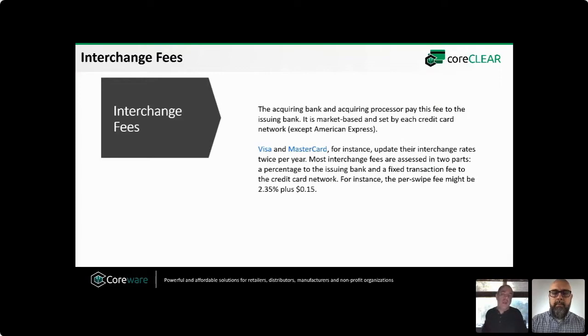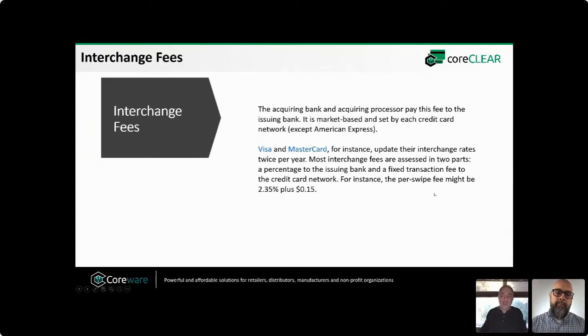Typically, when you look at an interchange rate, there are two elements to that rate. There's the actual percent, which is going to the issuing bank, and then there's typically the fixed fee amount, which is going to the actual network, Visa or MasterCard.